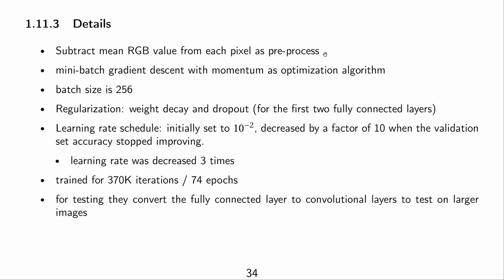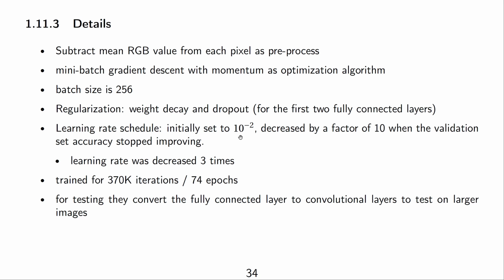Some more details. For preprocessing, they subtract the mean RGB value from each pixel. They use mini-batch gradient descent with momentum as optimization algorithm as before. Batch size is 256. Regularization: weight decay and dropout. So we see that a lot of these ideas have been kept.